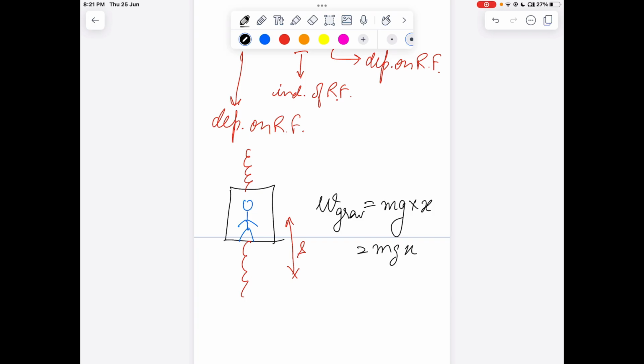Now it is important to note that this work done is in the reference frame of earth.